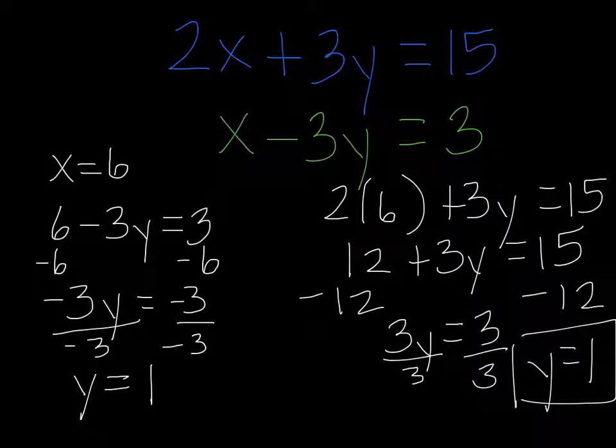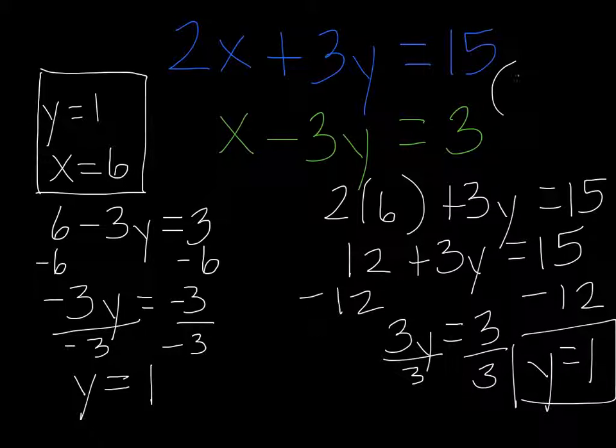So when x is 6, y has a value of 1. So we know that the point of intersection, or the solution to these equations, is (6, 1). And if we were to graph both of these equations, just like we've been doing in class, then you would be able to see that the point of intersection is (6, 1).